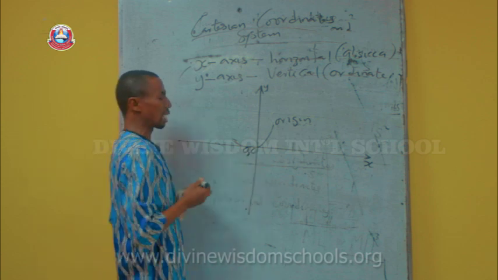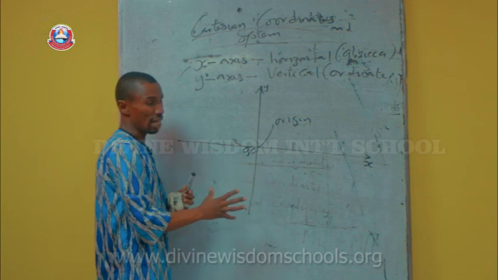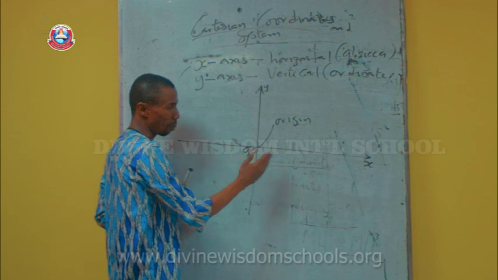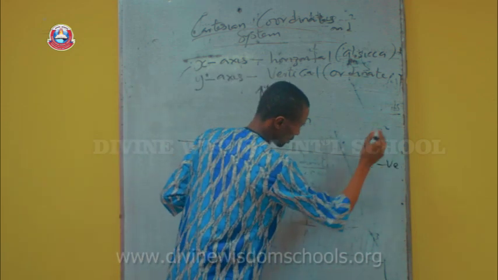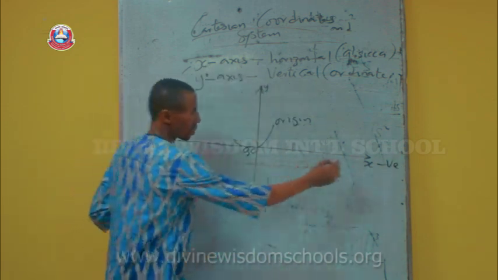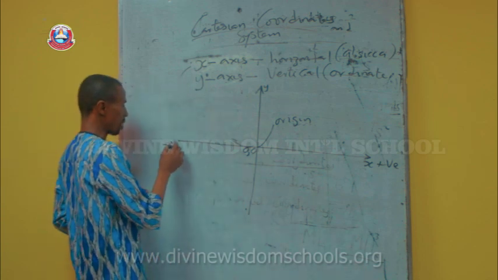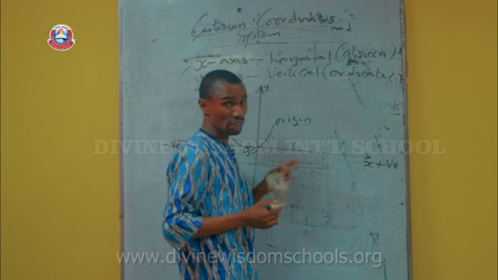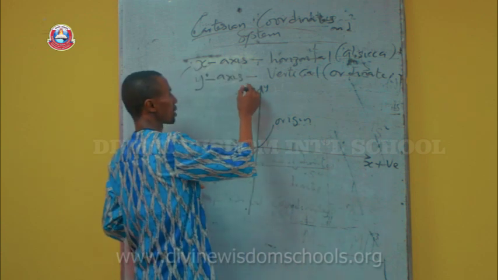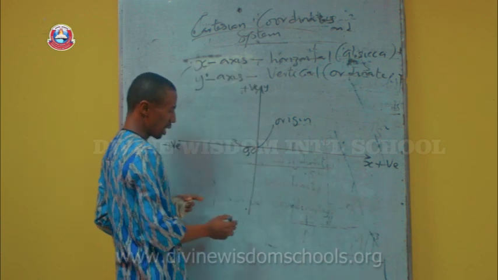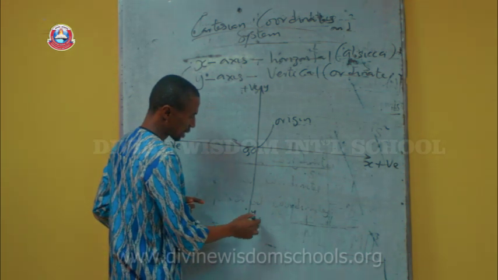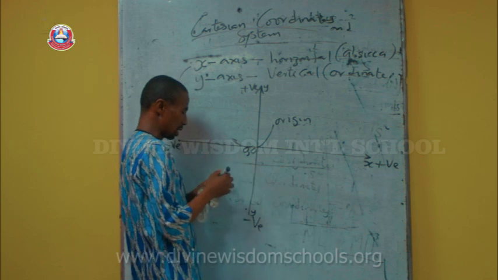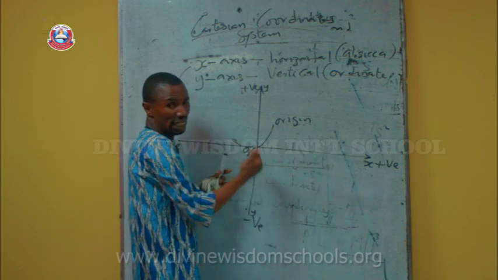Now, if we want to calibrate the coordinate system, we calibrate the x-axis. This is the positive direction. We have the positive axis and we have the negative axis. This is the positive x-axis, also called the horizontal axis, while we have the positive axis for y, and we also have the negative axis for y. Calibrating means to number the axis so that it can be read.